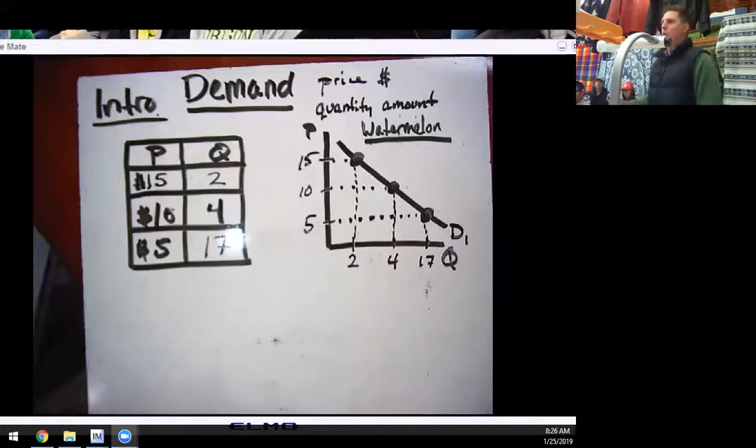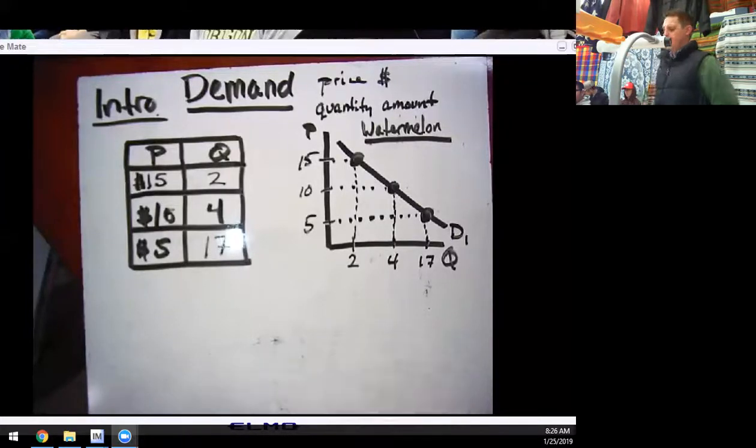I've had college professors start with D, then D1, then D2, or D naught, D1. I'm like, I didn't teach my kid how to count that way. 0, 1, 2. We don't do that. It's weird. So we're starting with D1.